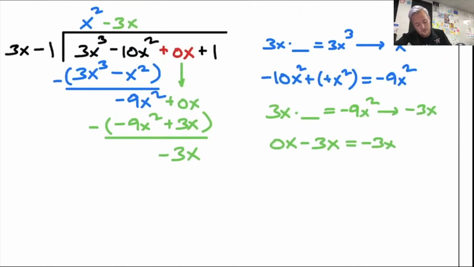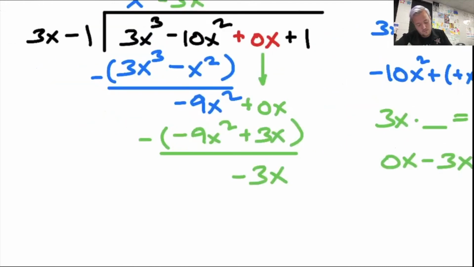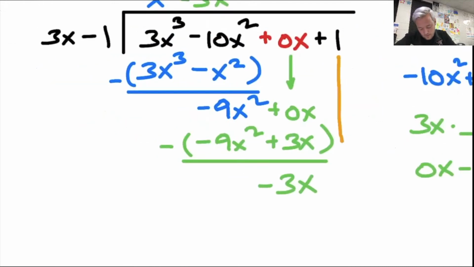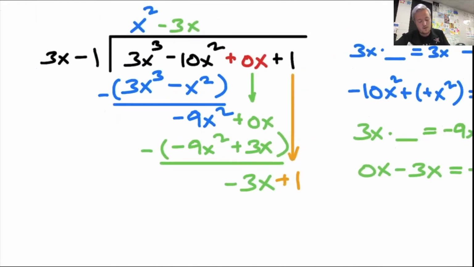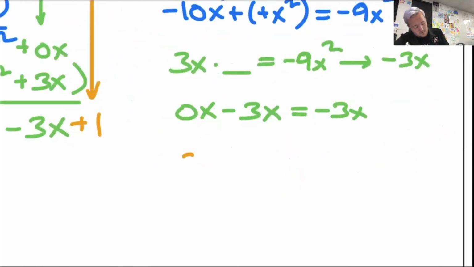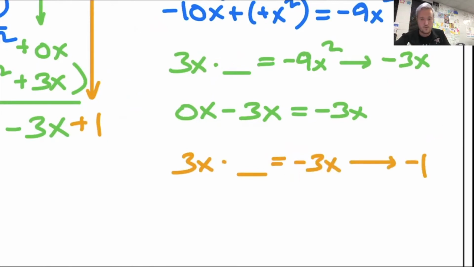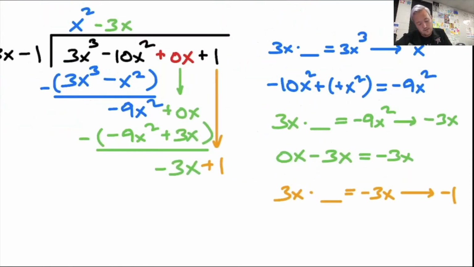Now I'm going to bring down that 1 for our final round. So plus 1. So 3x times what value gives you negative 3x? Our value here is negative 1. So that's the last value up here.